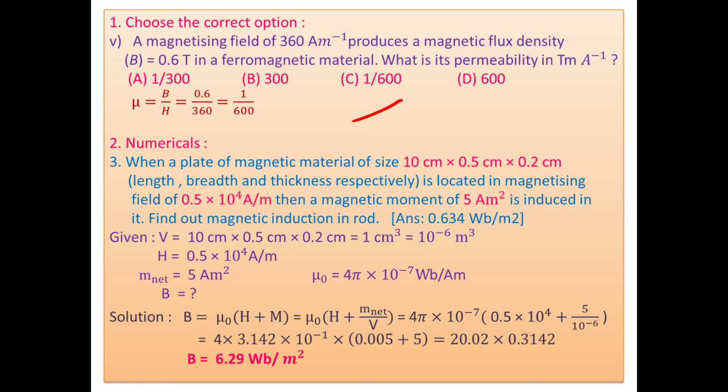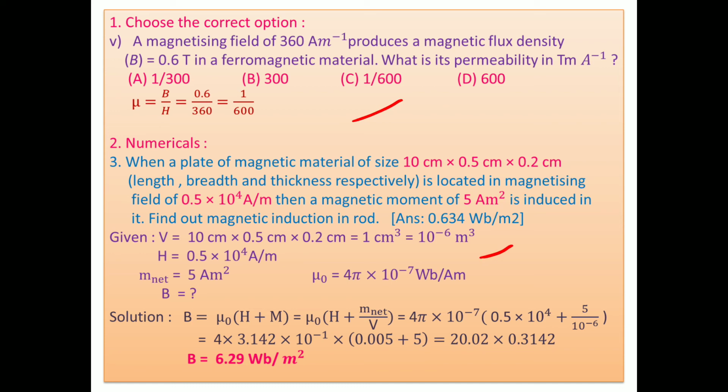Given things, volume is given. What is the volume? Volume V equals 10 centimeter into 0.5 centimeter into 0.2. Convert it: 0.5 into 0.2 into 10 is 1 centimeter cube, or convert it into meter cube, 10 raised to minus 6 meter cube.